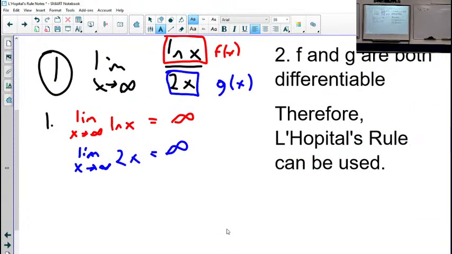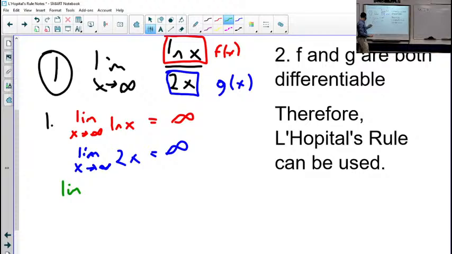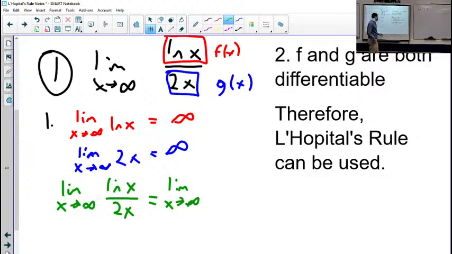So if we're using this rule for a problem, we need to check these two things: check the limit at the top, check the limit at the bottom, and then say they're both differentiable. Then what that means is that the limit as x approaches infinity of the natural log of x over 2x equals the limit of the derivative of the top over the derivative of the bottom.